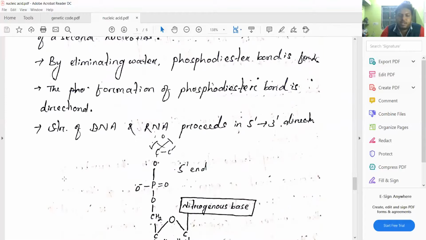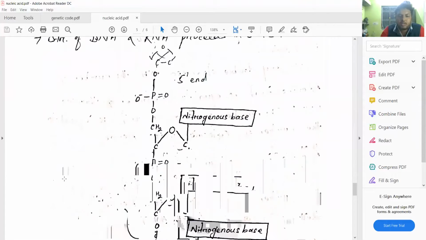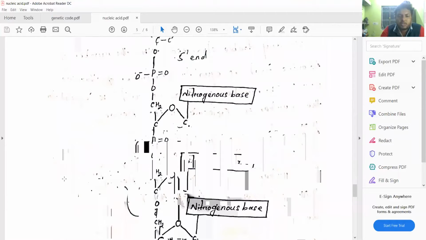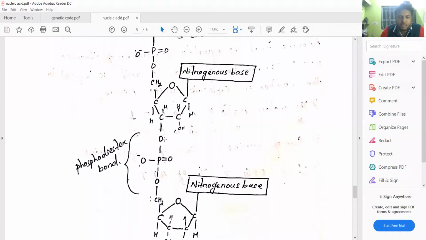In the structure of DNA and RNA, we have the nitrogenous base, the sugar molecule, and the phosphodiester.